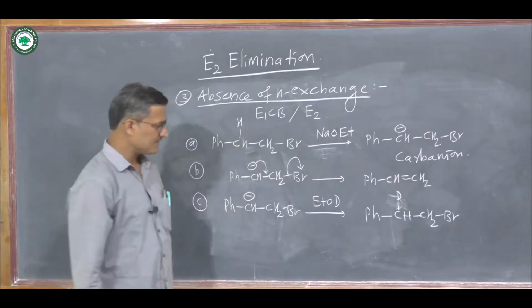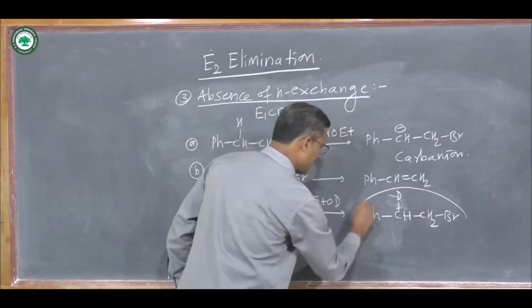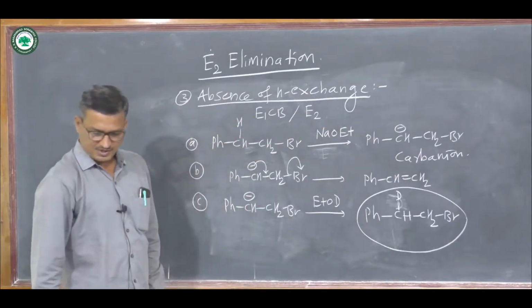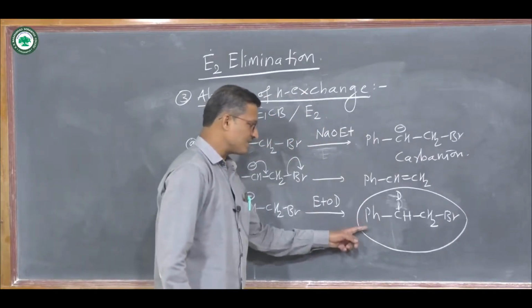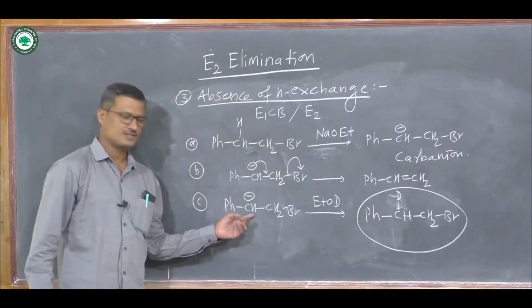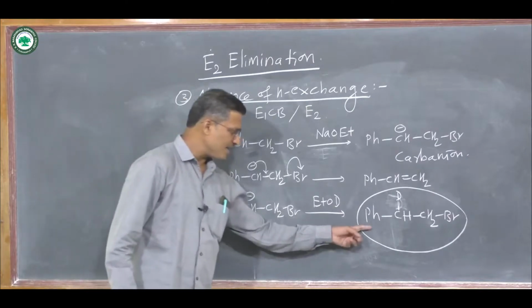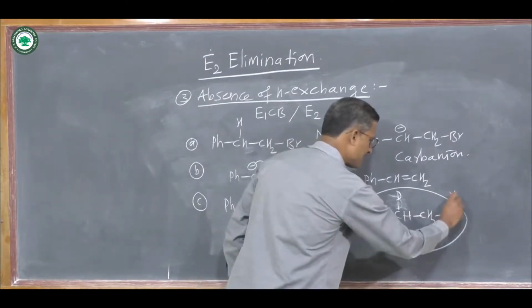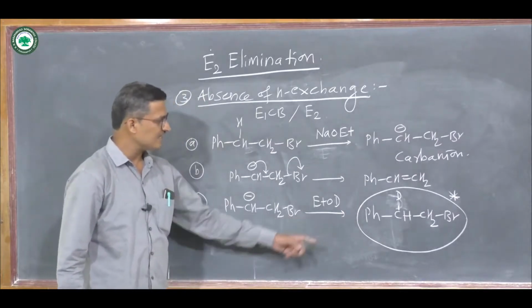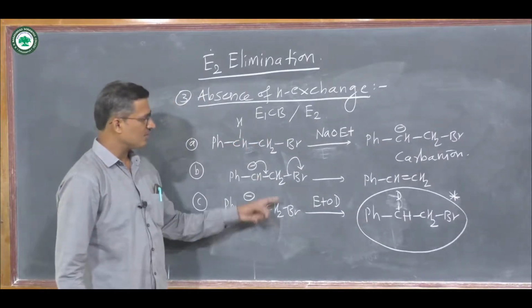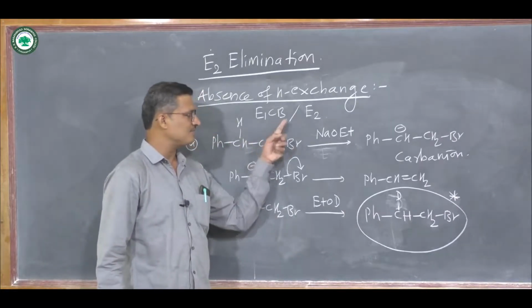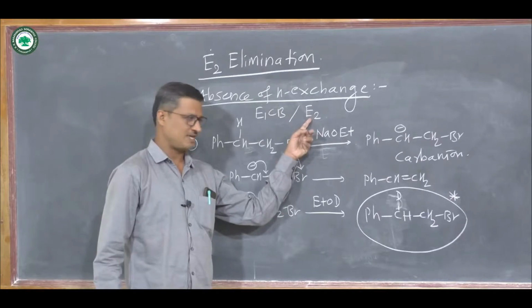So what happened here? We get the hydrogen exchange product, the recovery of the starting compound, but instead of hydrogen we get a deuterium. What is the meaning of that? When these products are recovered in your reaction mixture, then we say that your substrate follows the E1CB mechanism but does not follow the E2 mechanism.